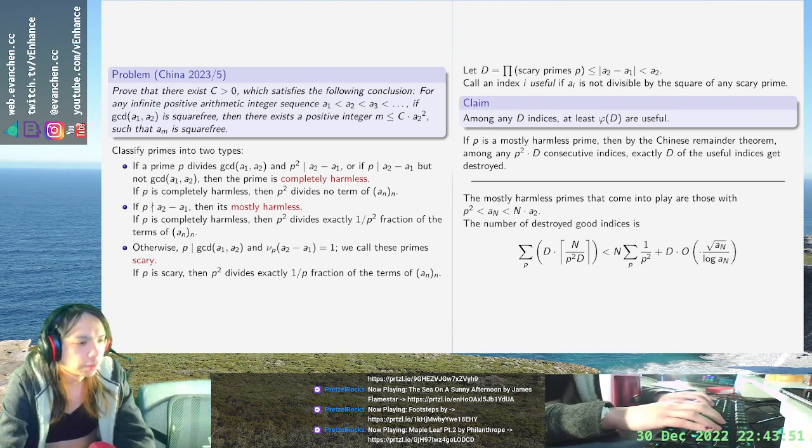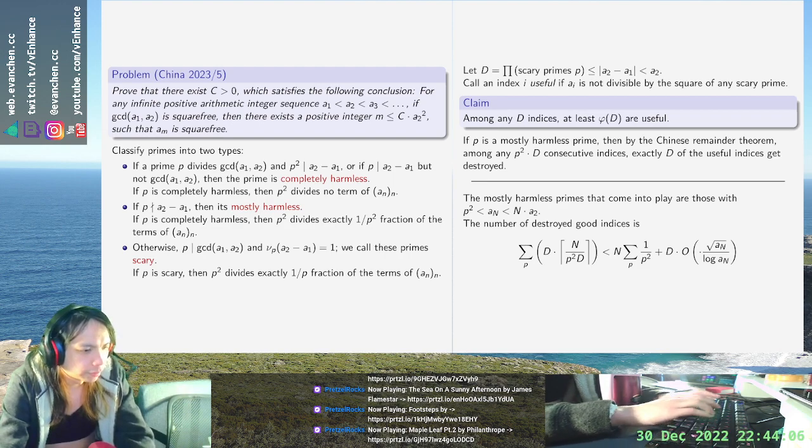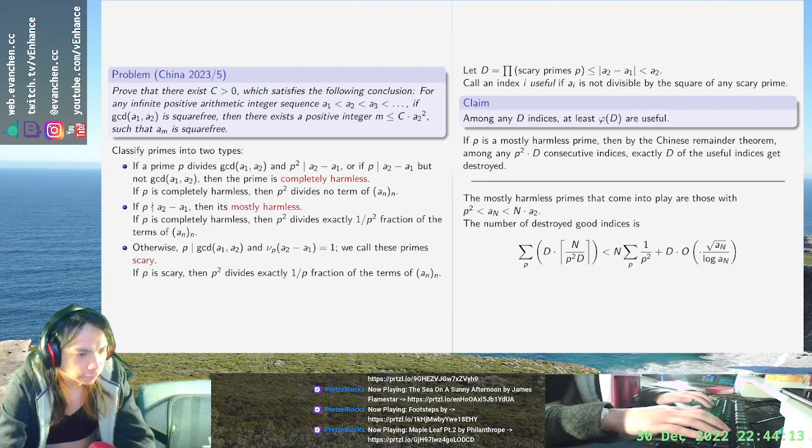So floor of n over d times phi of d, which we'll bound by phi of d over d times n minus vd.